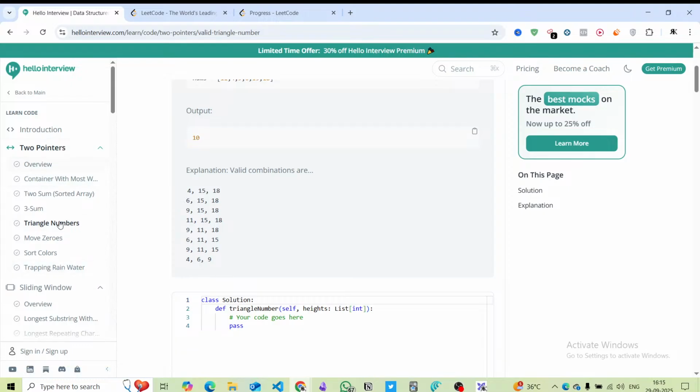If you solve some two pointers problems, like two sum or three sum, then move zeroes and sort colors, you may have some idea on how to approach a new problem, and how to find whether we can apply two pointers to it. That's how I guess we all can build the logic.